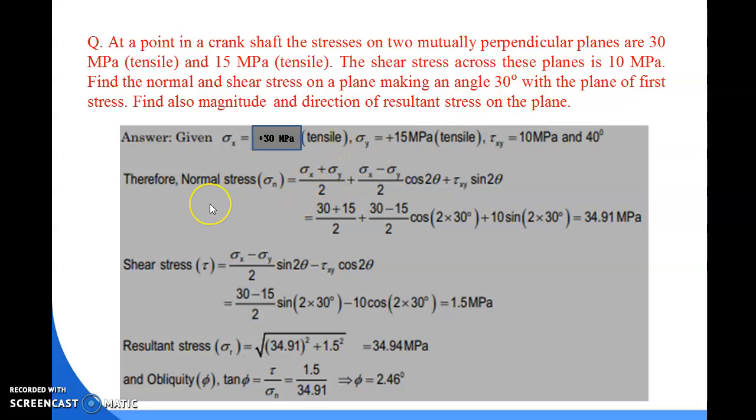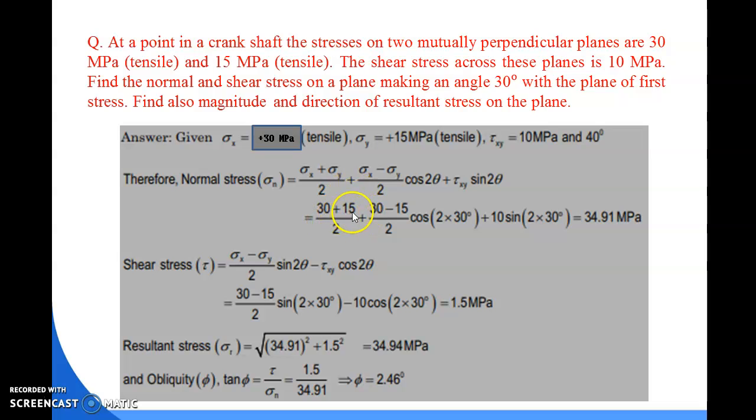Okay. So find out the normal stress. We know that the normal stress, sigma n, is calculated as (sigma x plus sigma y) divided by 2, plus (sigma x minus sigma y) divided by 2 times cos 2 theta, plus tau xy sin 2 theta. Sigma x is 30 MPa, sigma y is 15 MPa.